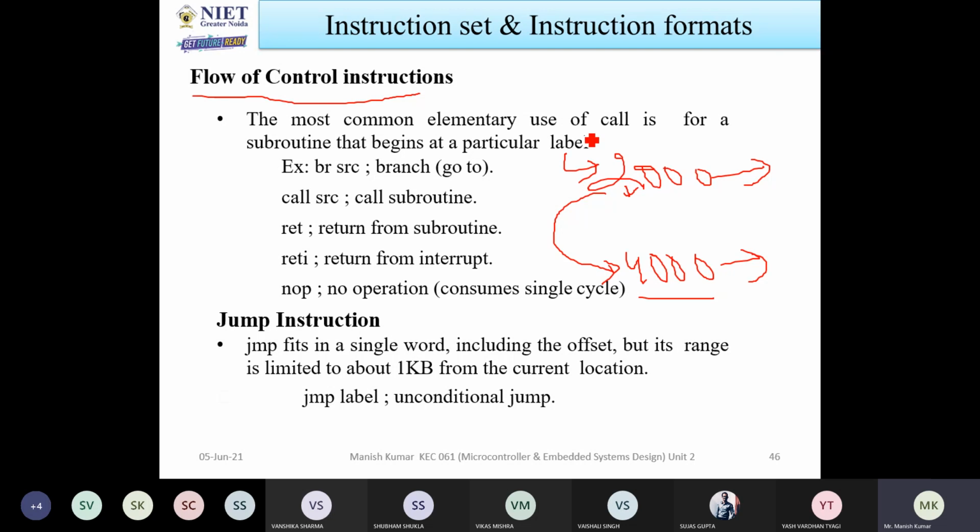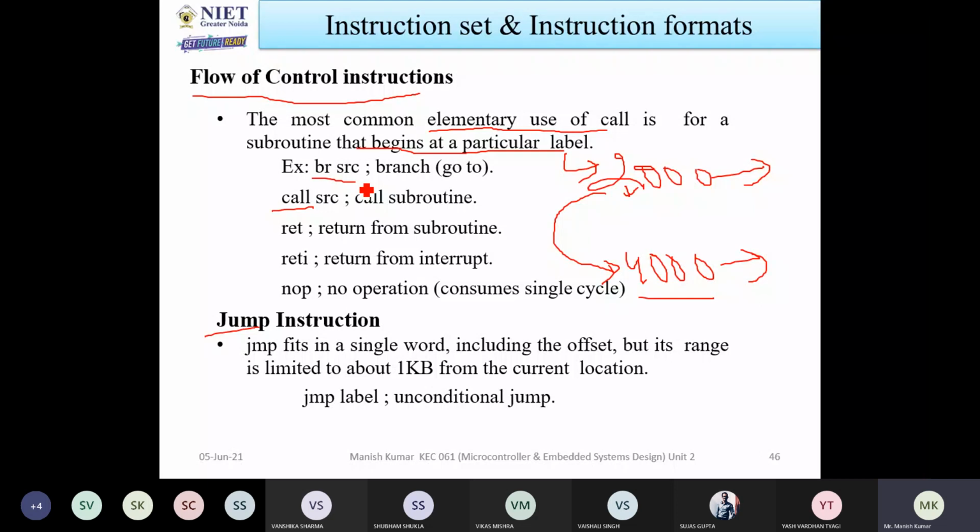Now, the most common elementary use of call is for a subroutine that begins at a particular label. In that, call instructions and jump instructions will be covered. So the first example is called BR SRC. BR indicates branch. SRC means source registers.